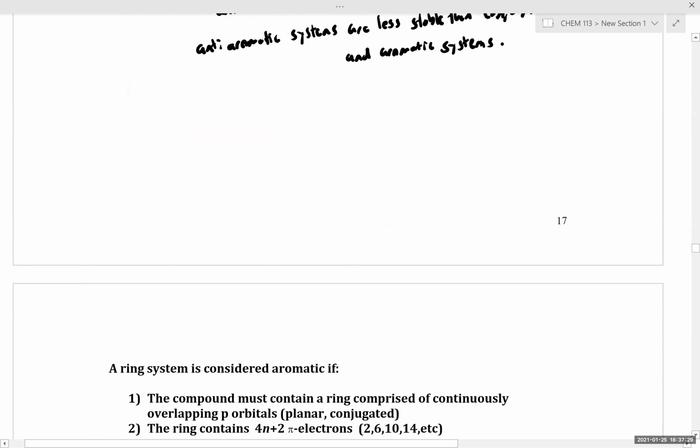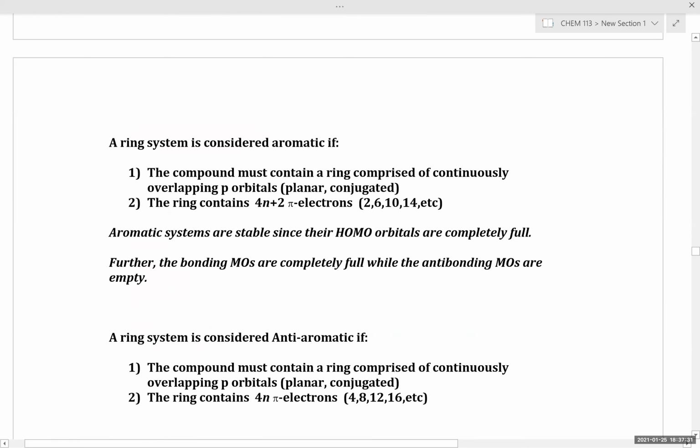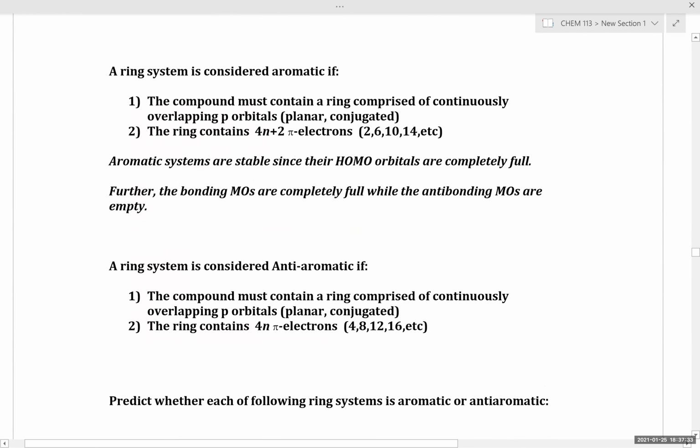Okay, so let's look at our 2 rules for aromatic versus anti-aromatic. A system is considered aromatic if the compound contains a ring comprised of continuously overlapping p orbitals and 4n+2 pi electrons.